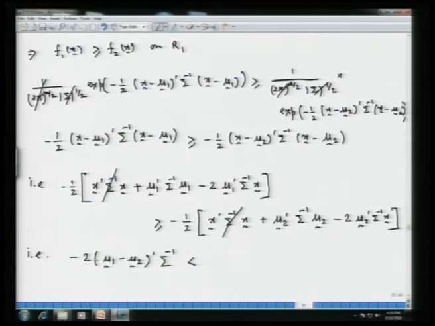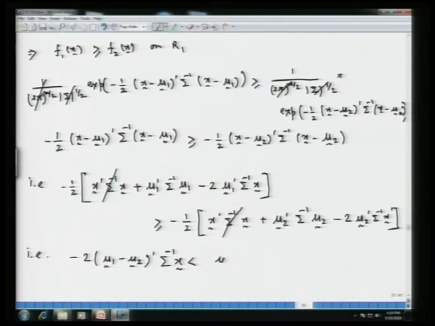Hence we can write it as the terms inside the bracket, minus 2 times mu1 prime sigma inverse x, plus the term which comes from this side, plus twice mu2 transpose sigma inverse x, and this is now less than the term that goes on the right hand side.